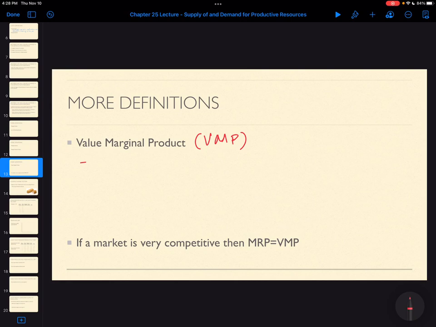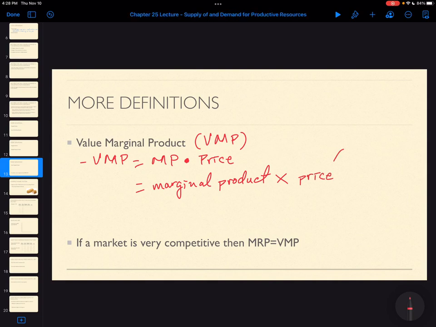Value marginal product is equal to marginal product times the price. That is, you take marginal product and multiply it by the price when you sell the item.